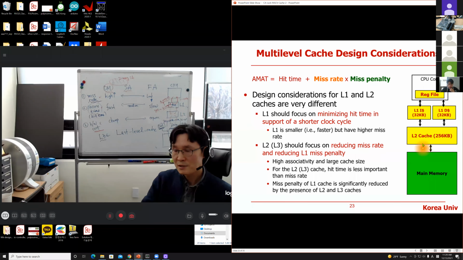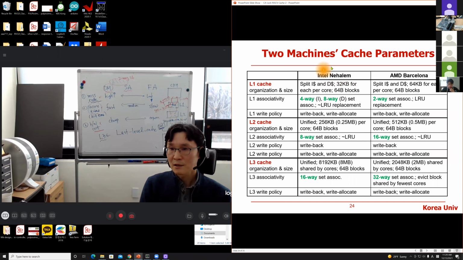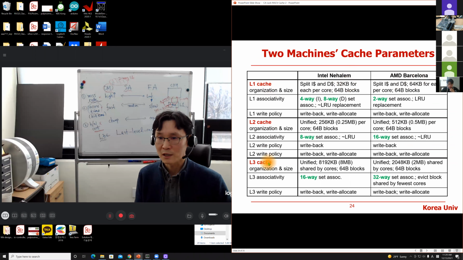Okay, this is a real number. Intel Nehalem, the first Core i7, and AMD Barcelona. So level 1, 2, 3. Look at this. Probably by now you understand all the different terminologies here. Split instruction cache and data cache, separated, and 64 byte cache line.